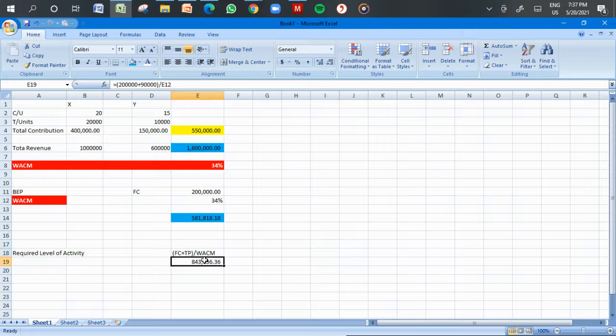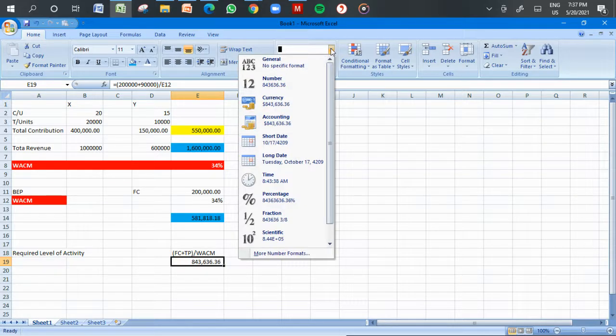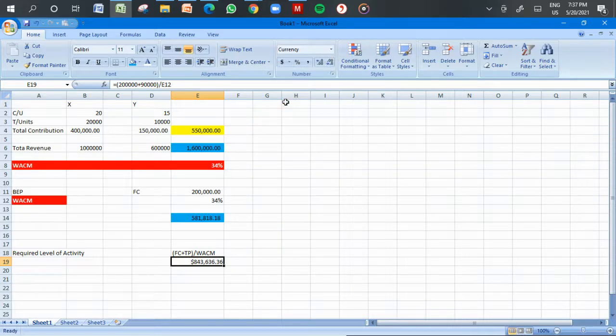So this one would become our required level of activity. In this case, it is represented in dollars, because for this one, normally we calculate it in dollars. We can't calculate it in units. So this one is the required level of revenue. If we have the selling price, then we just divide this one by the selling price to find the required level of activity in units.